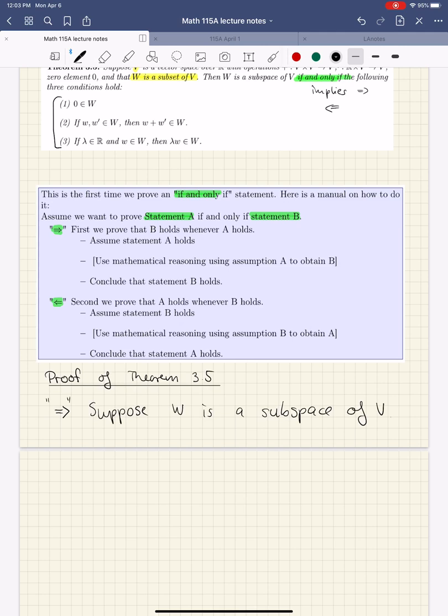So I'm going to start with 2, 3 actually here, because this is basically given by the definition of being a subspace. So by definition of a subspace, the operations plus and scalar multiplication restrict to these two things.